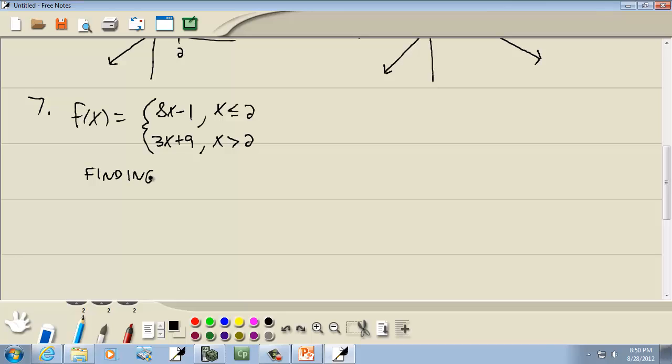To finding discontinuities, hopefully I spelled that right.